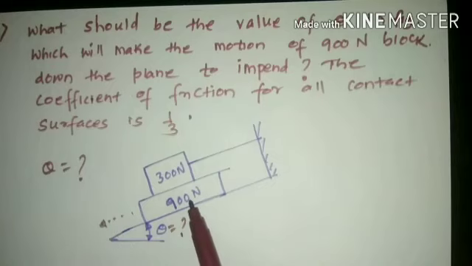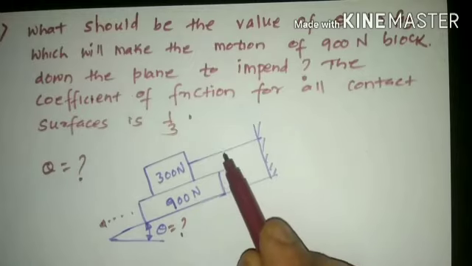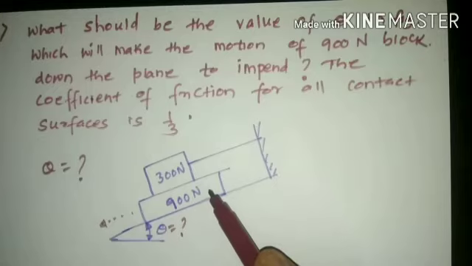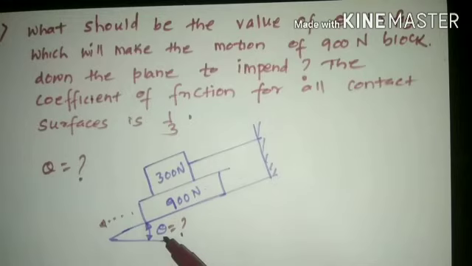There is no element connected to the 900 Newton block. If this string which is connected to the 300 Newton block were also connected to the 900 Newton block, then there would be no question of adjusting the value of theta, because the string itself would ensure that the 900 Newton block does not slide down the plane.